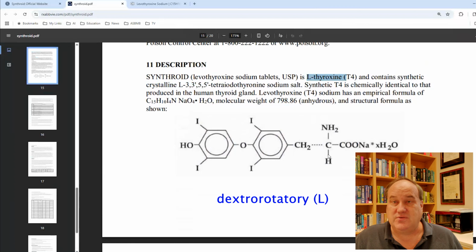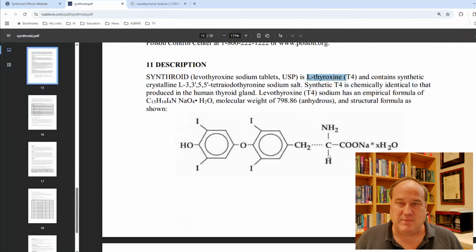What that refers to, when you have a chiral compound, is the compound's ability to rotate plane polarized light, because those 2 drugs basically have the same physical properties in solution. Structurally you can't distinguish them other than this little characteristic here, and they rotate plane polarized light in the opposite direction, hence the D and the L form.